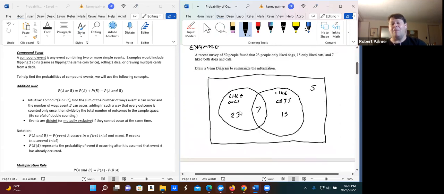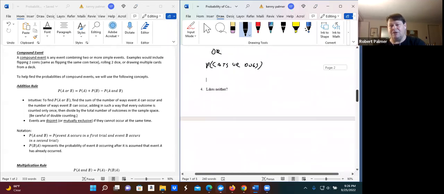Now that I have the Venn diagram, I can simply add up all these. Combined within these circles are the ones who like both cats or dogs, like either one. That includes the ones who like both. If I ask you if you like cats or dogs, if you're in either circle or in the overlap, you can say yes. Mathematically, or means either one.